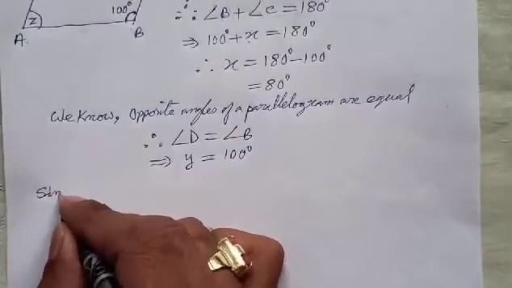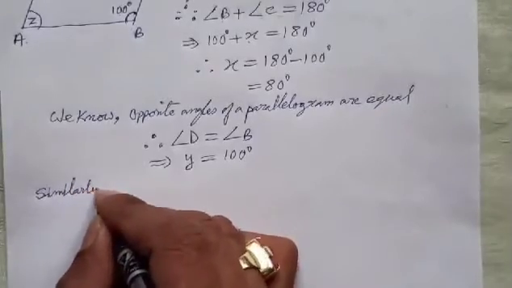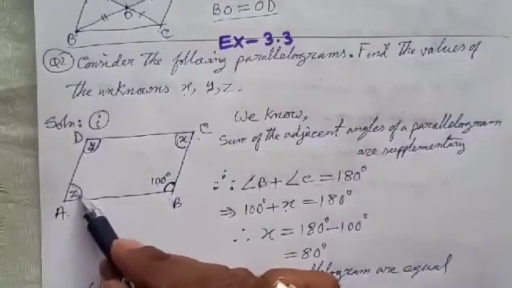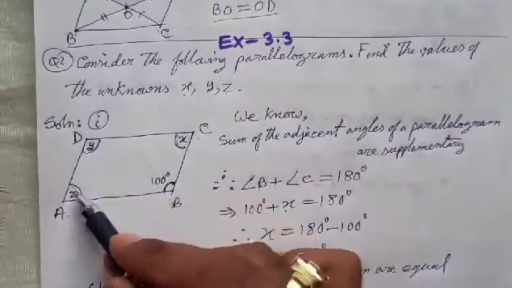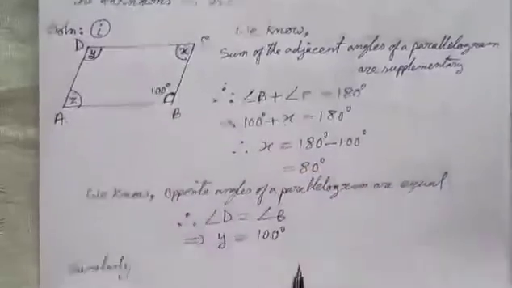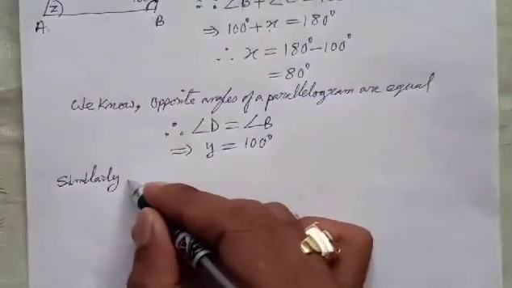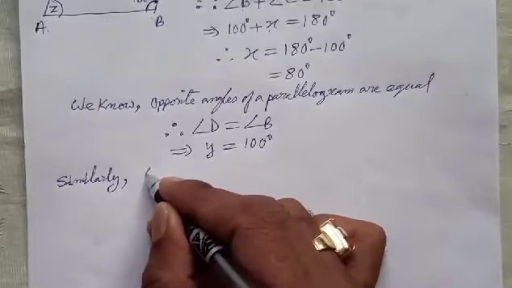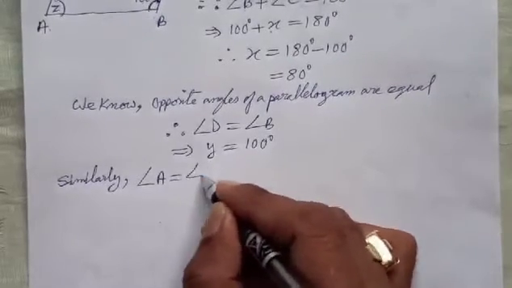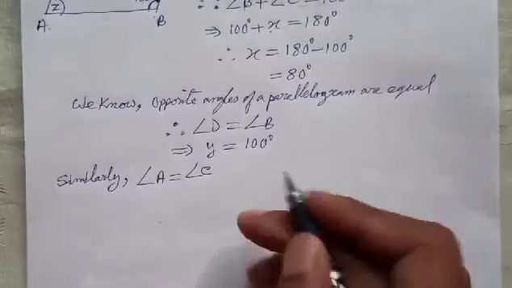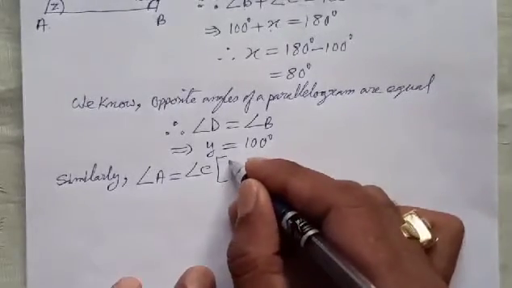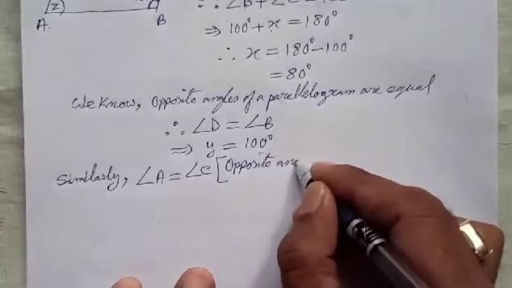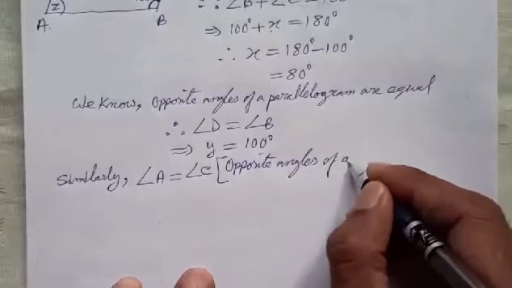Similarly, here in this figure we see that this angle A and this angle C are opposite angles. So we know that the opposite angles of a parallelogram are equal. So angle A and angle C must be equal. So angle A is equal to angle C, opposite angles of a parallelogram.